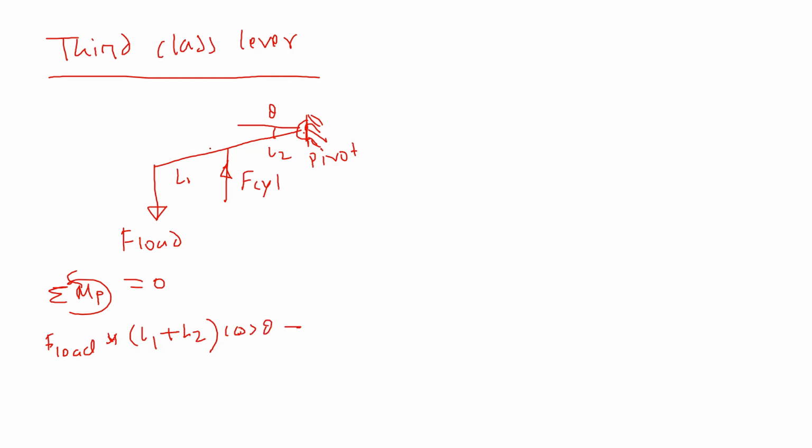And then minus, the cylinder will make a clockwise moment, minus F cylinder L2 cosine theta, all of this equal to 0. If we solve for F cylinder, the load that the cylinder has to produce is going to look like (L1 plus L2) divided by L2, times F load.